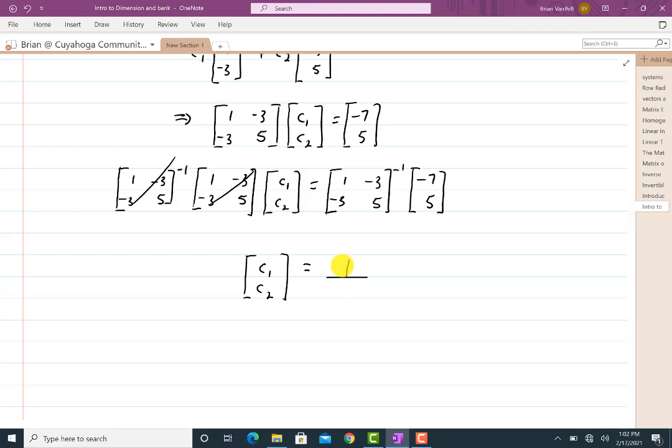We won't define determinants till a little bit later, but for right now, we need to know that it's 1 over 1 times 5 minus -3 times -3. The matrix itself, remember, you swap the first and last elements, and then you put negative signs in front of the other elements.